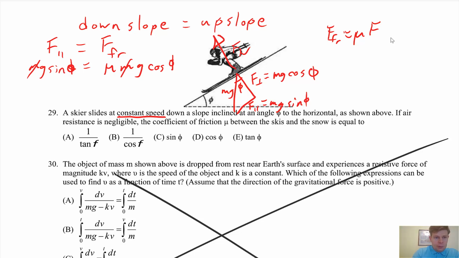We can cancel out our g's too. So our coefficient of friction is just sine phi over cos phi, which hopefully you know is the same as tan phi. So there we are. Not so bad.